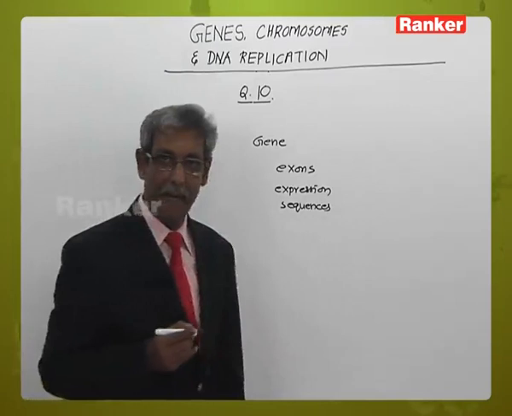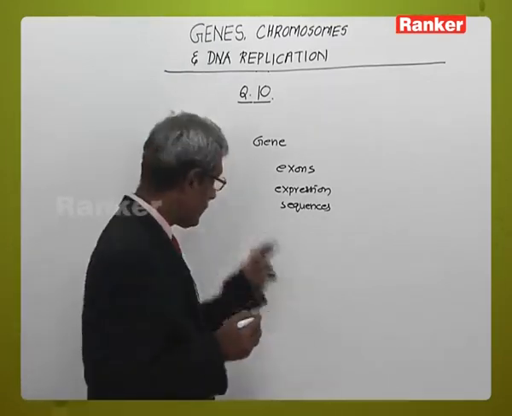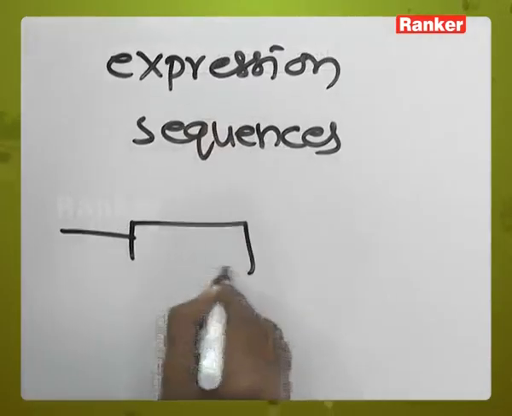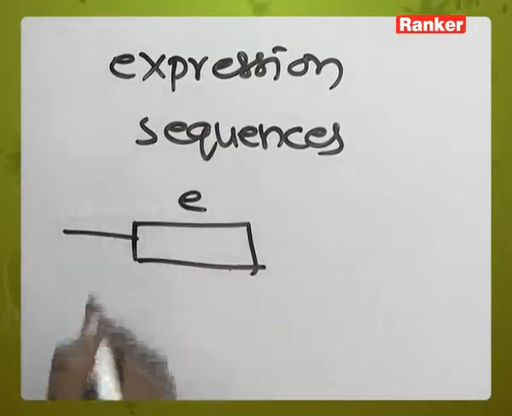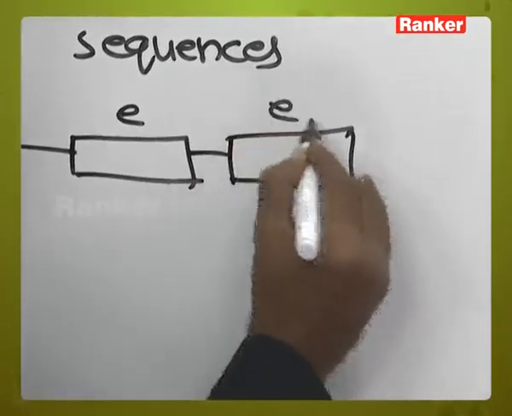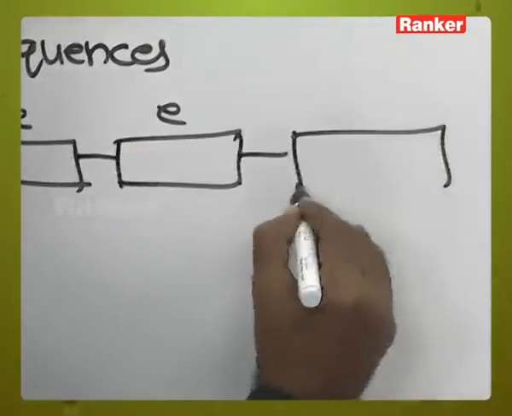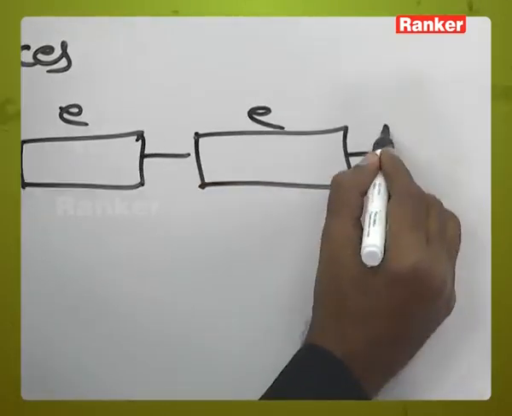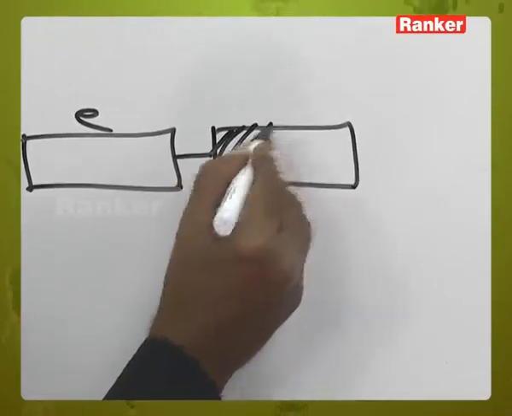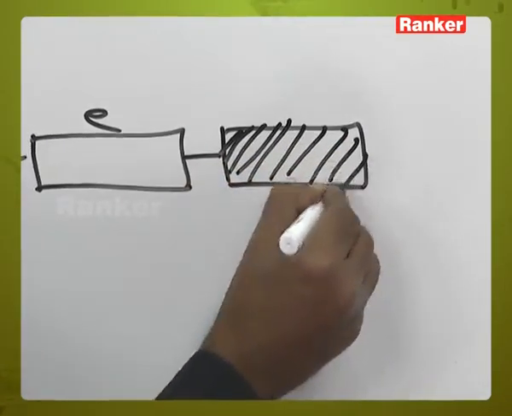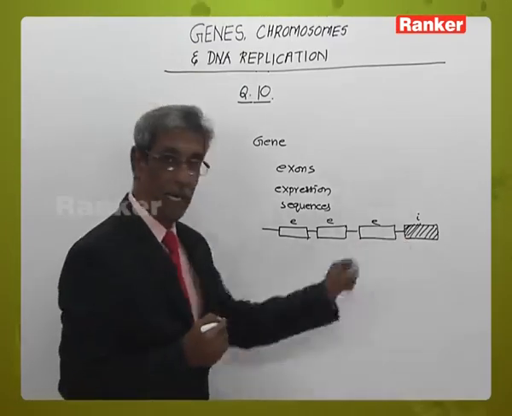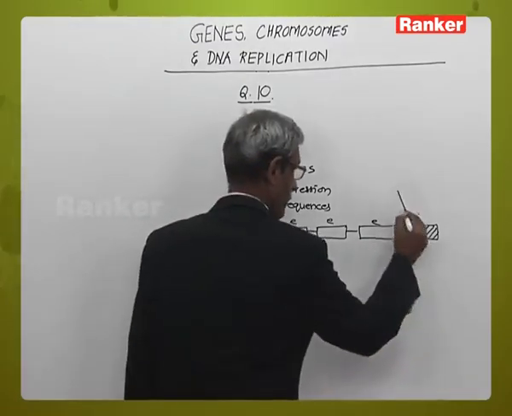That is, the DNA makes RNA, RNA makes proteins. Among the expression sequences called exons, if we have one sequence which does not express, this is an intervening sequence.